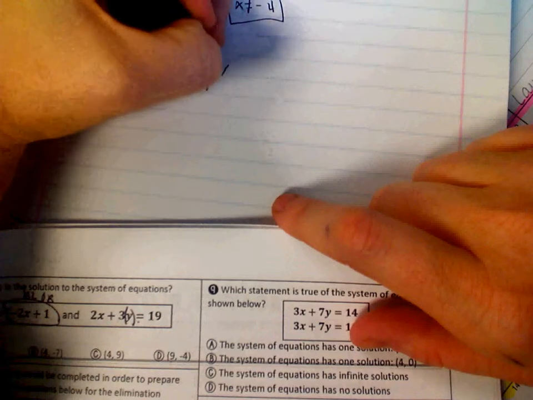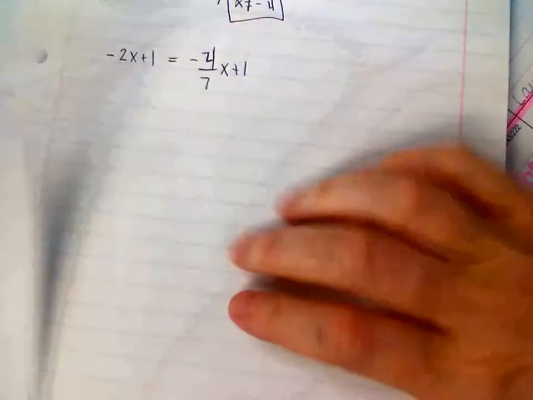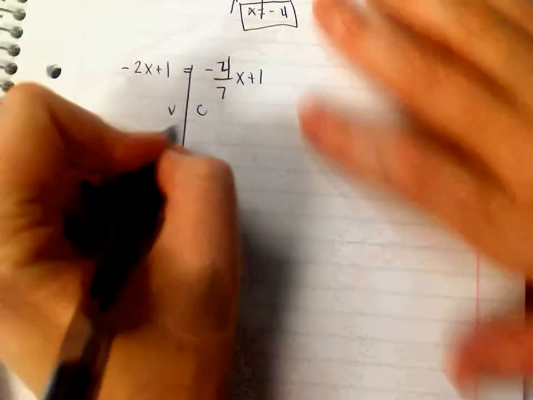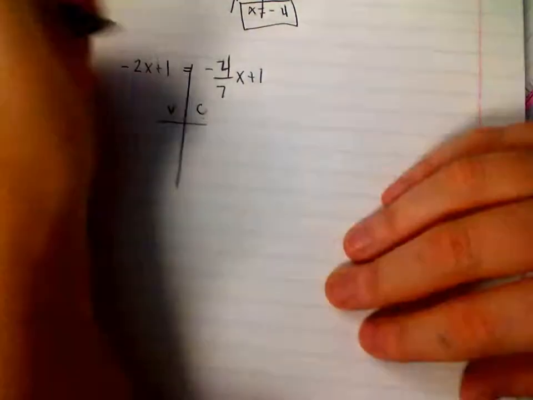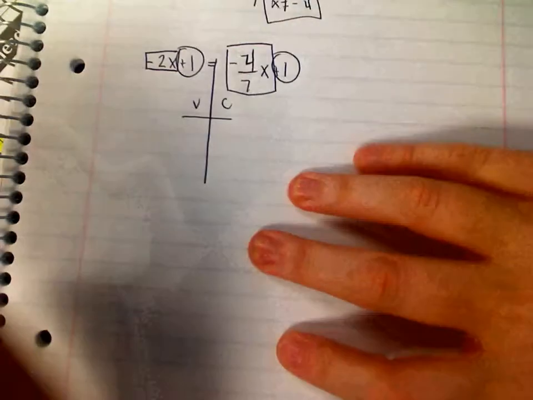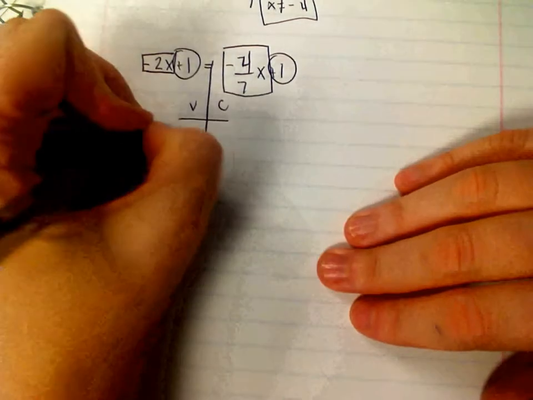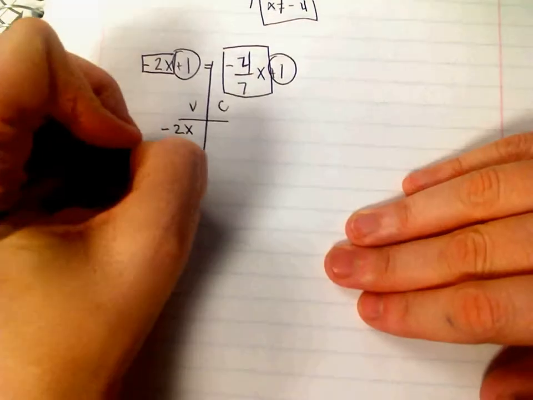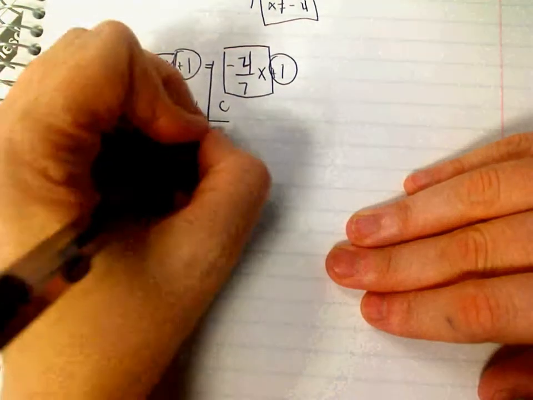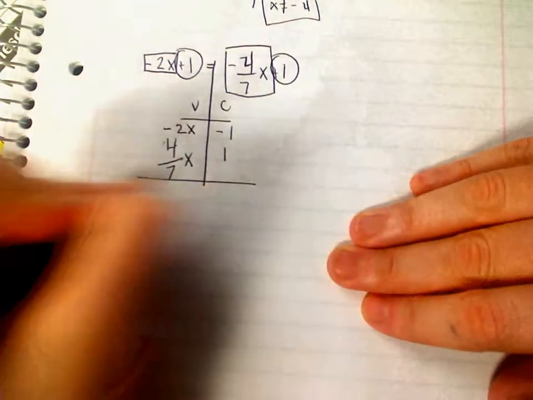Just like that. And then you just do variable constant method with the numbers. So you have this one. Okay, so your variables are negative 2x and 4 over 7. Constants negative 1 and positive 1. I'm going to use my calculator for this one.